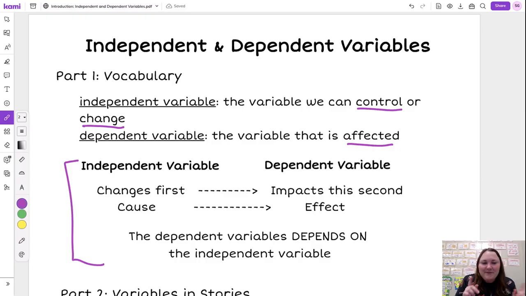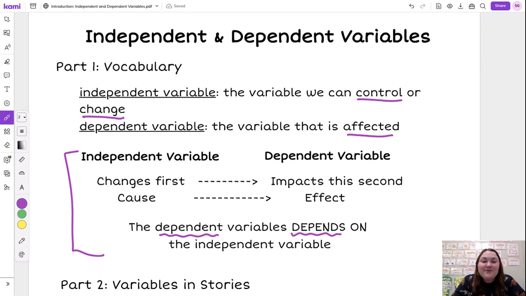You can also think of it with cause and effect. The independent variable is the cause, and it affects the dependent variable. You can also use the word depends. The dependent variable depends on the independent variable. So these are the definitions we are going to use to help us identify which variable is which.